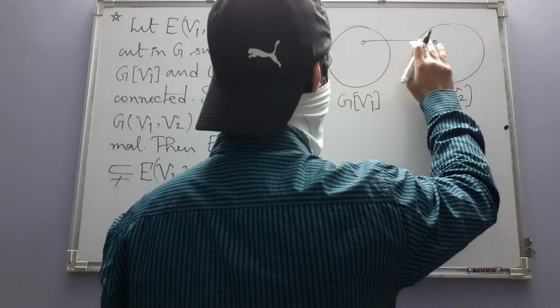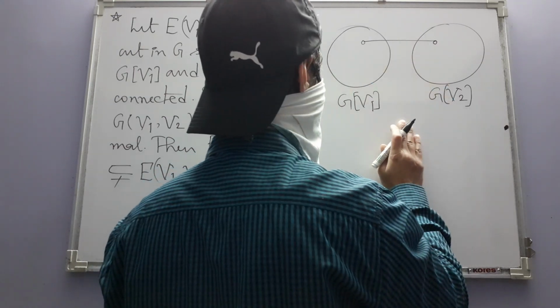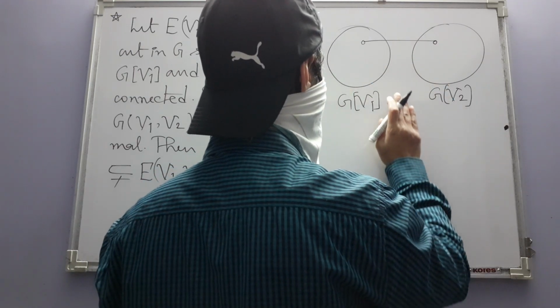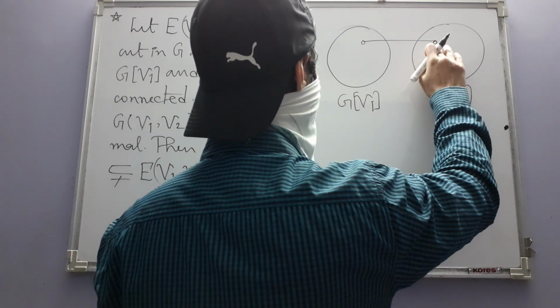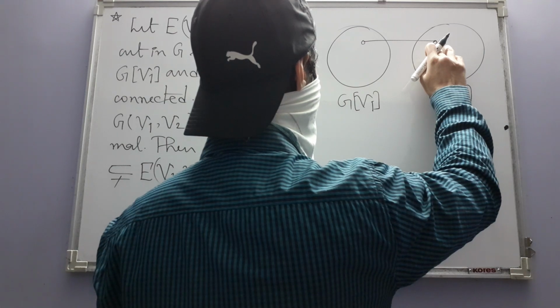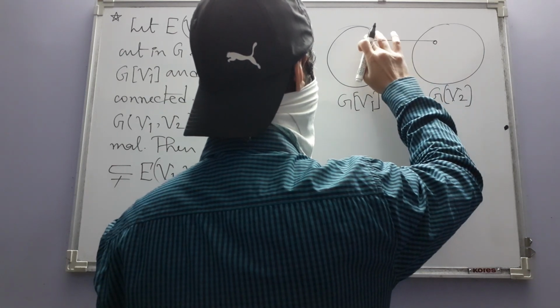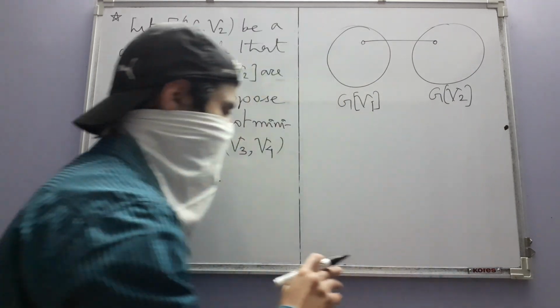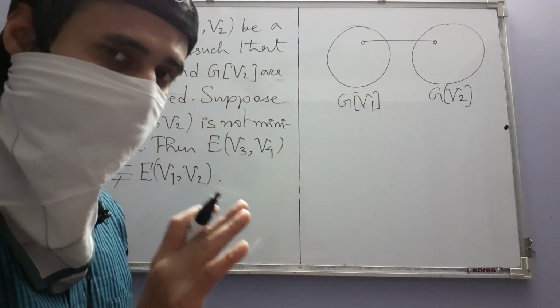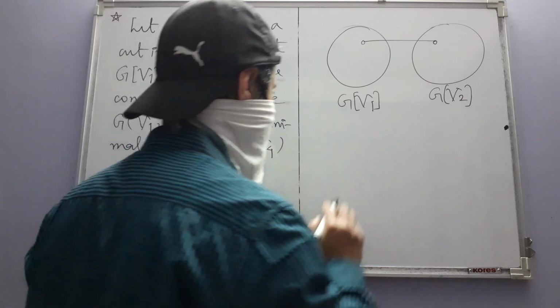I forgot how I went from this one to this one. So what I remember is that if this edge is not present here, oh, okay, let us not forget one more thing.